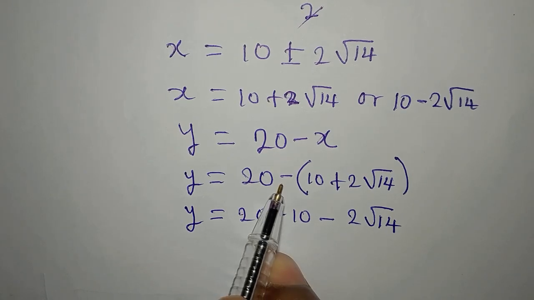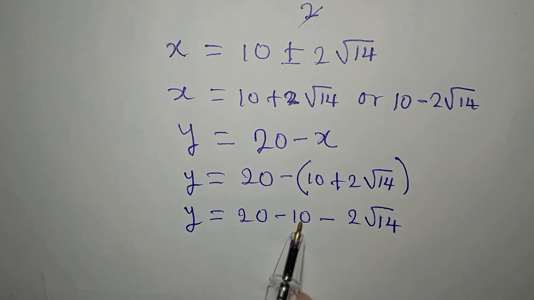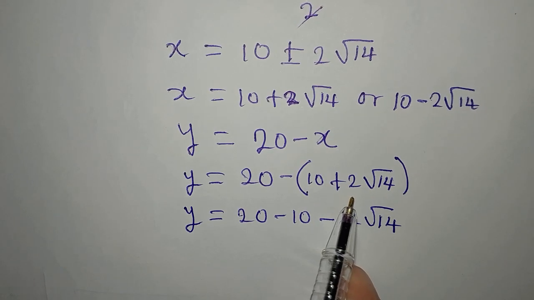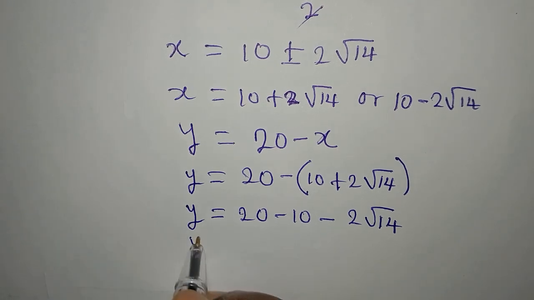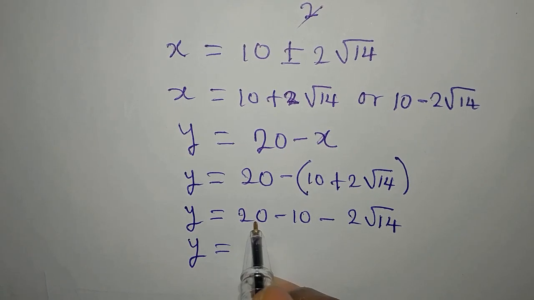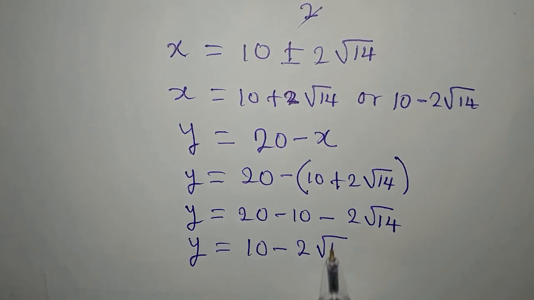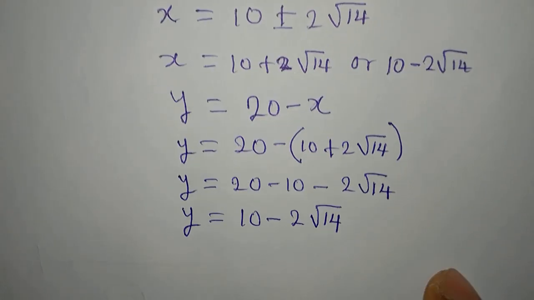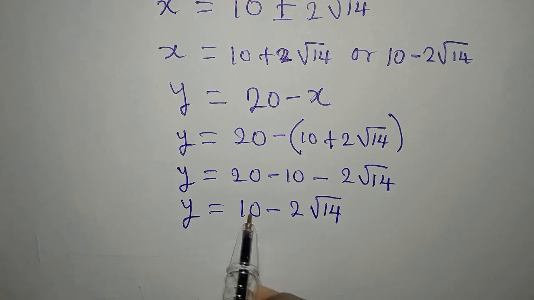This negative is opening everything, right? Negative times 10 is negative 10. Negative times 2 root 14 is negative 2 root 14. So now y is equal to 20 minus 10 is 10, then minus 2 root 14. Mind you, you cannot subtract this because this is carrying root and this is not.